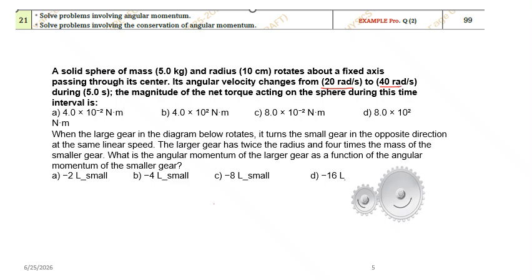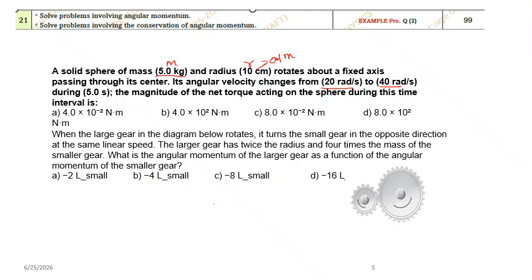Find the magnitude of the net torque acting on the sphere during this time interval. So let us look at the givens. First, they have given the mass. Then they have given the radius r, which is to be converted into meters, so it will be 0.1 meter.